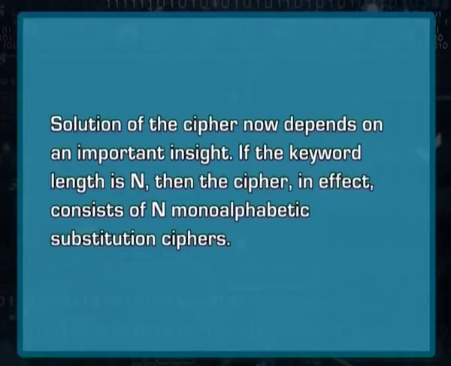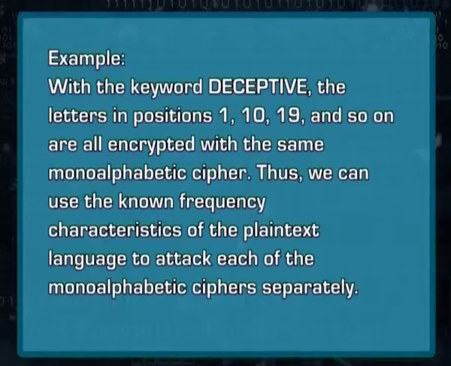Now, the solution of the cipher depends on an important insight. If the keyword length is n, then the cipher in effect consists of n monoalphabetic substitution ciphers. Now, let us consider an example. Suppose the keyword is deceptive. The letters in positions 1, 10 and 19 and so on are all encrypted with the same monoalphabetic cipher.